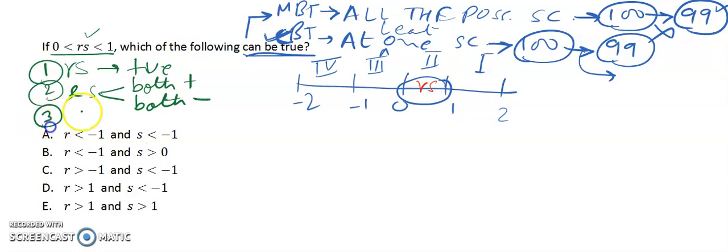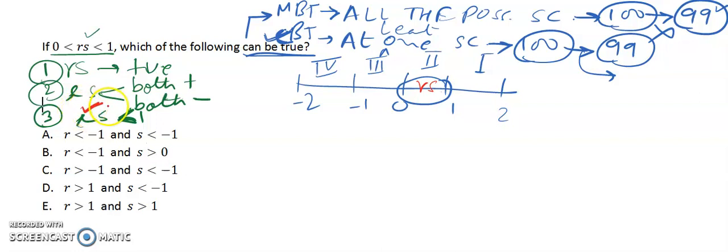The third one is the product of R and S is less than 1. Note, R can have any large or small negative or positive value. It can be -1 million, it can be positive 1 million.